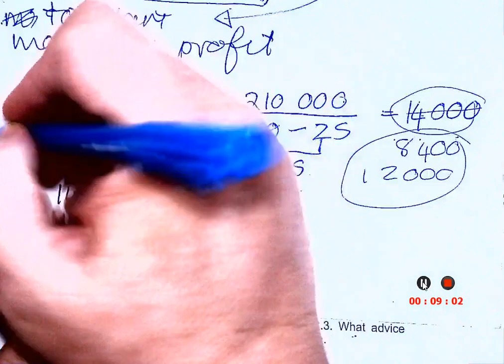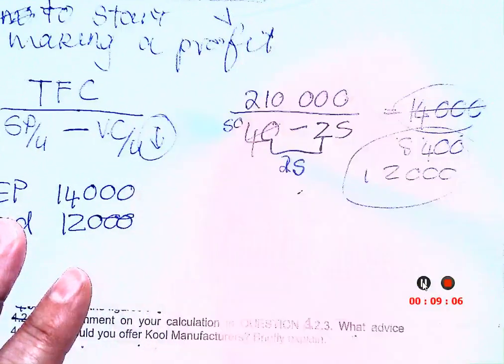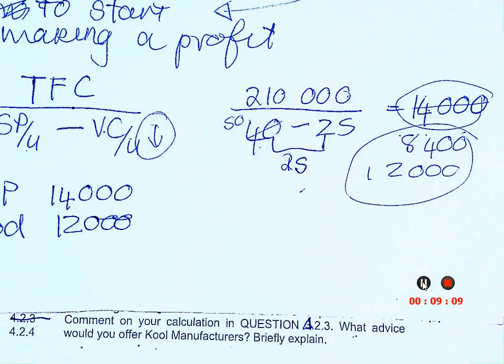So I want my selling price to increase, or I want my variable cost to decrease. So what does my variable cost consist of? Direct material, direct labor, sales and distribution. If we look at the variable cost, you can say, I can change my supplier to make the direct material cost lower.